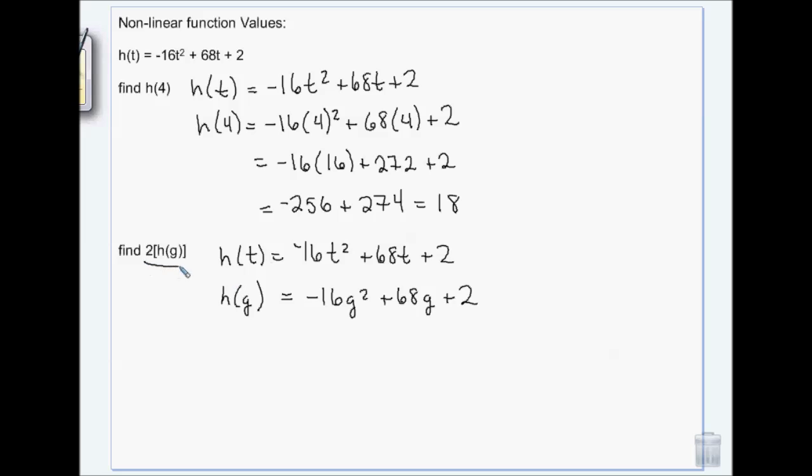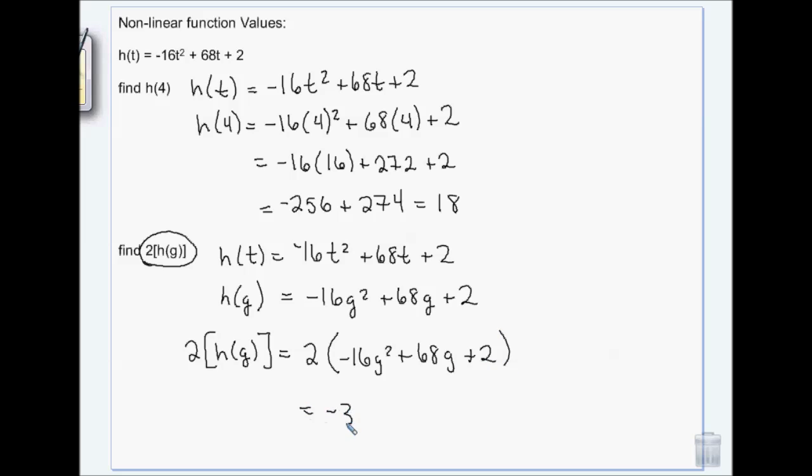But they want to know what this is. So they want to know 2 times h of g. So it's going to be 2 times everything that h of g was. So I'm going to have negative 32g squared plus 136g plus 4.